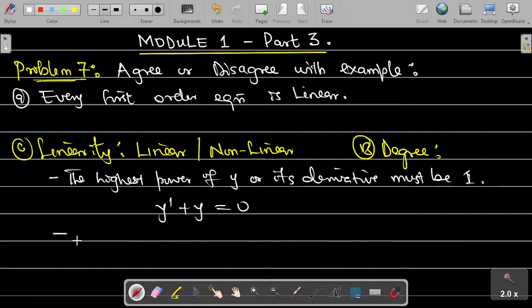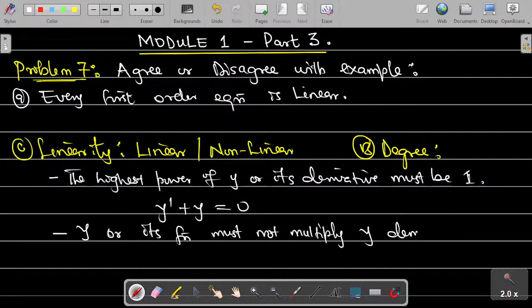Number 2: y or its function must not multiply a y derivative.